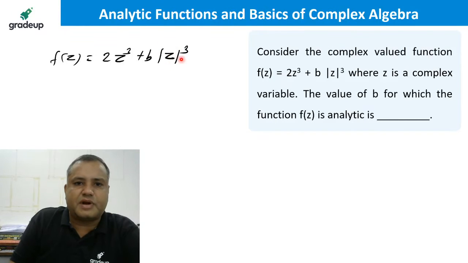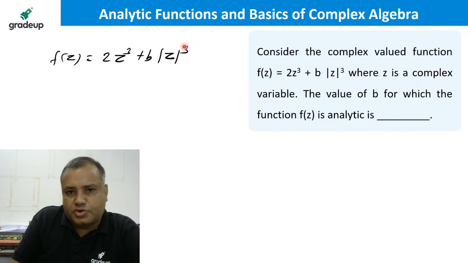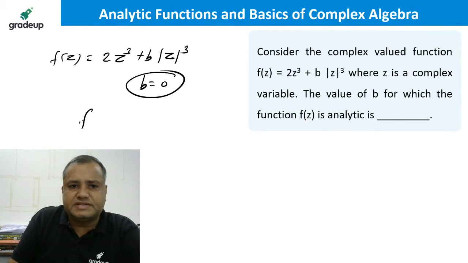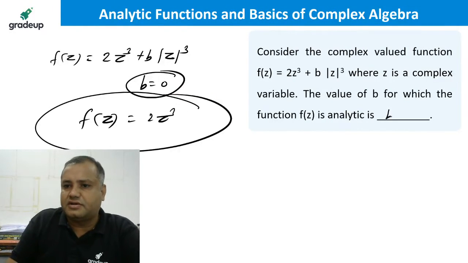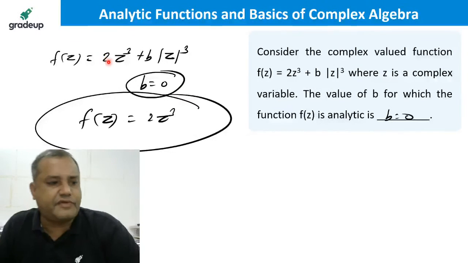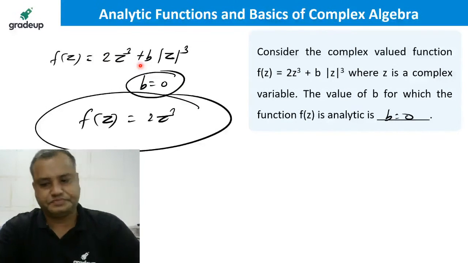This modulus part will be eliminated only when the second term is removed. To eliminate this second term, what should be the value of b? b should be 0. If b is 0, you will get twice z cubed. So b equal to 0 is the answer, which will make this f of z analytic.